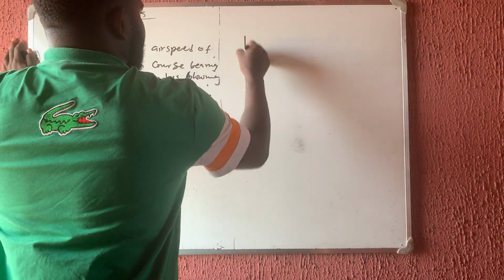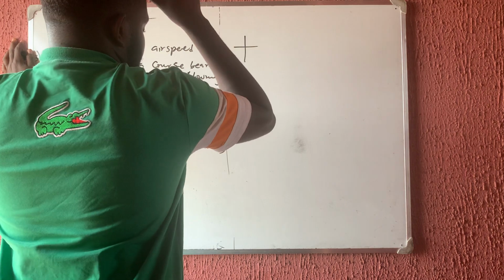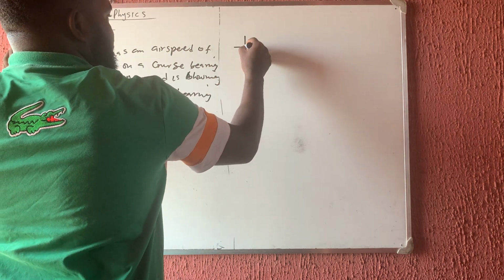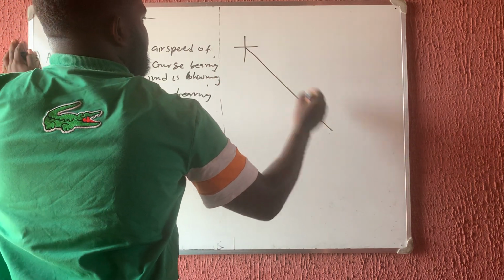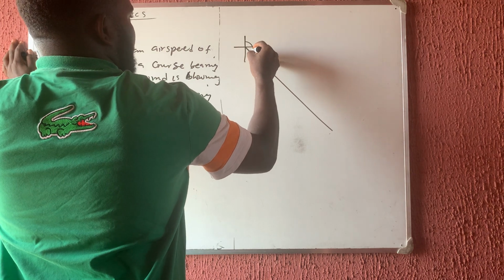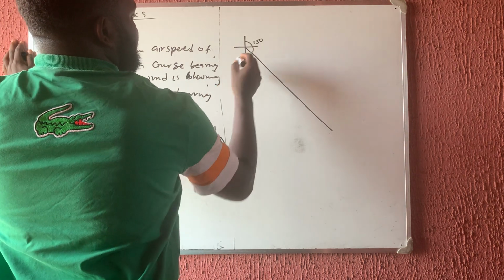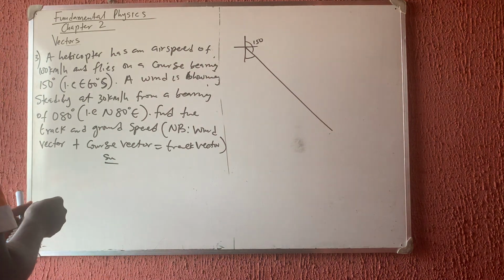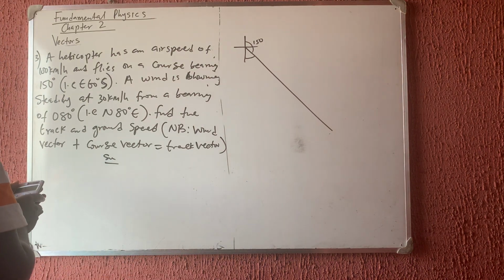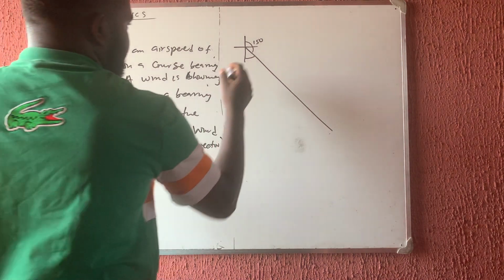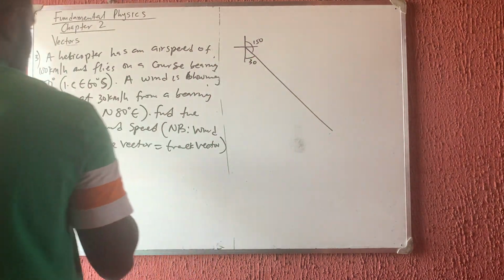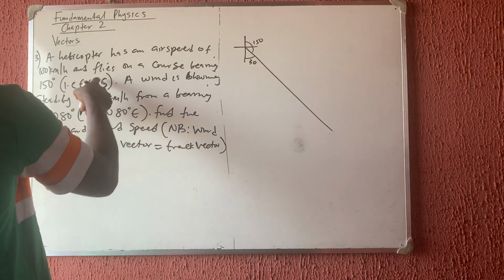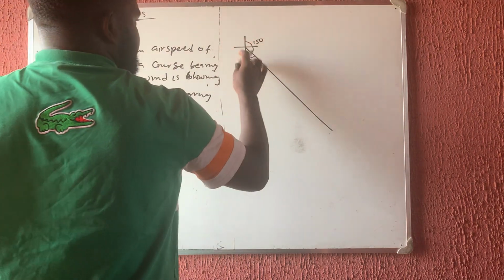If I have my cardinal points like this, this is the second quadrant, so 150 comes here. From here to this point is my 150. To get this small place we can say 180 minus 150, so here is 30. That is why they say it is east 60 degrees south.